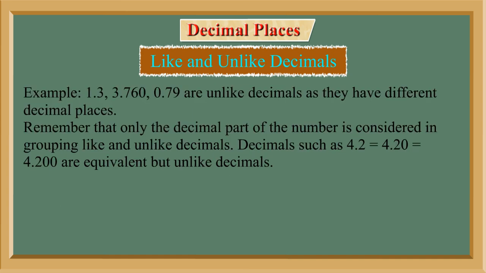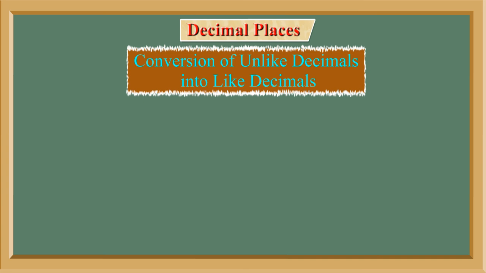Example: 1.3, 3.760, 0.79 are unlike decimals as they have different decimal places. Remember that only the decimal part of the number is considered in grouping like and unlike decimals. Decimals such as 4.2, 4.20 and 4.200 are equivalent, but unlike decimals. Conversion of unlike decimals into like decimals.